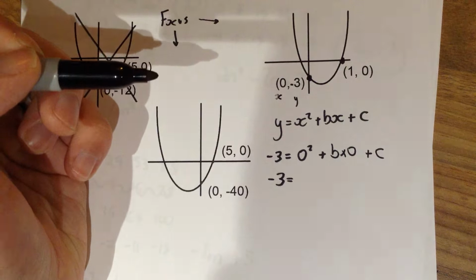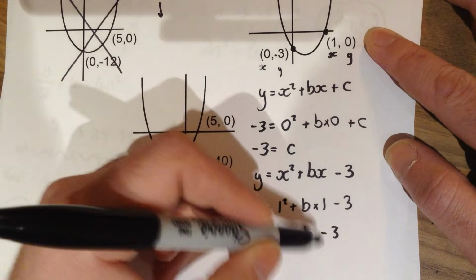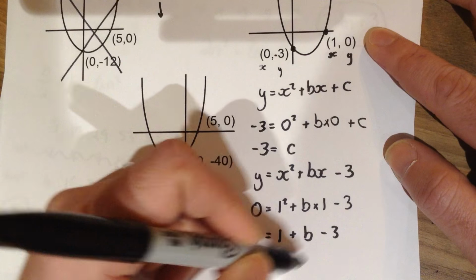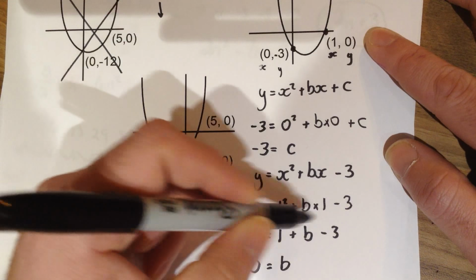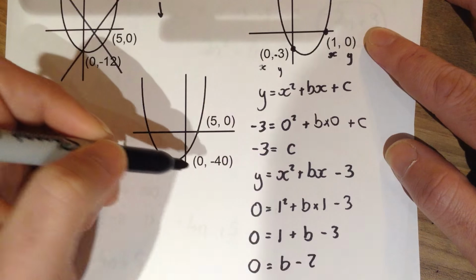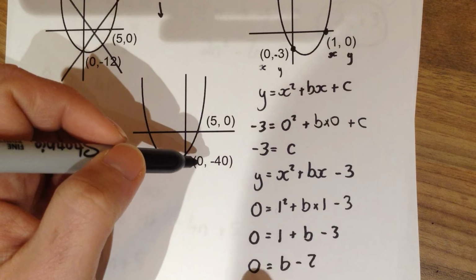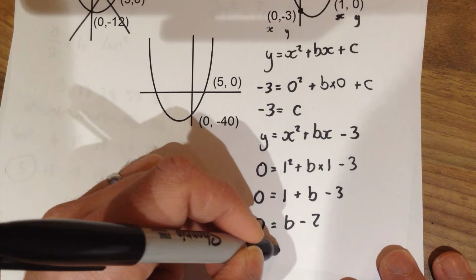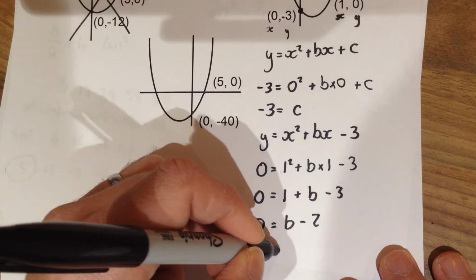At that point, we get that 0 is equal to 1 squared, which is 1, b times 1 is just b, minus 3. Neatening this up a little, we get that 0 is equal to b, and 1 take away 3 is minus 2. So b take away 2 is nothing, which means b equals 2.